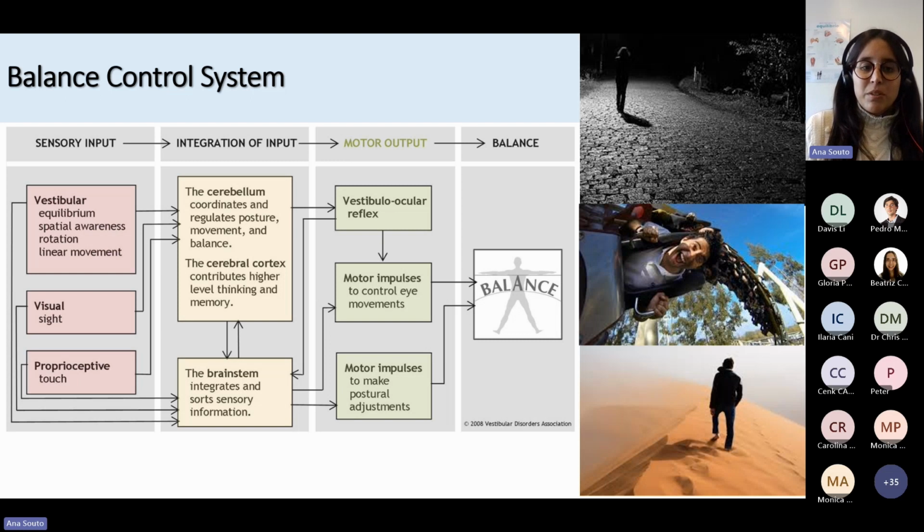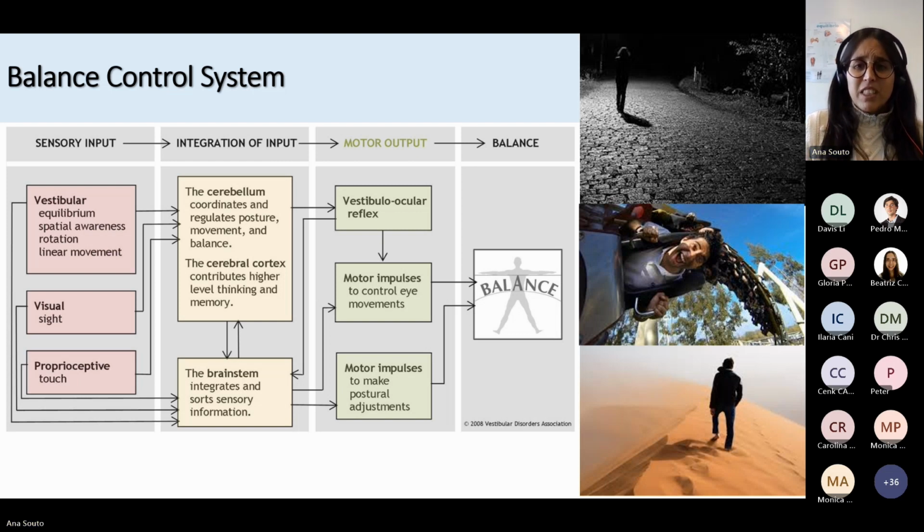So in a situation where a healthy person is standing on a firm surface in a well-lit room, approximately, the weight of each system is 70% on the somatosensory input, 20% for the vestibular input, and 10% for the visual input.